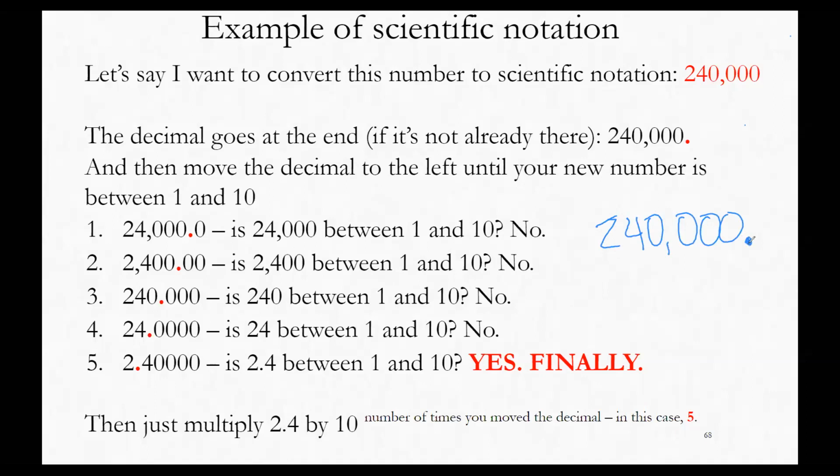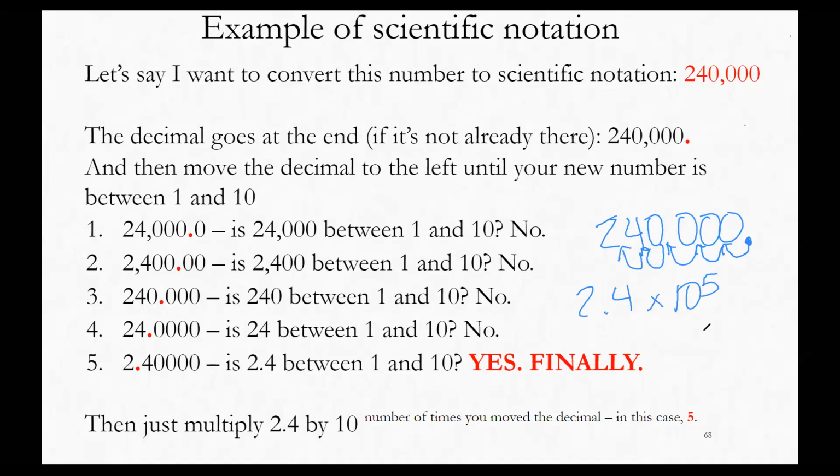Another way to do this is to just physically move the decimal. So we moved it once there, twice there, 3 times, 4 times, 5 times. So now we've got 2.4 times 10 to the 5th power.